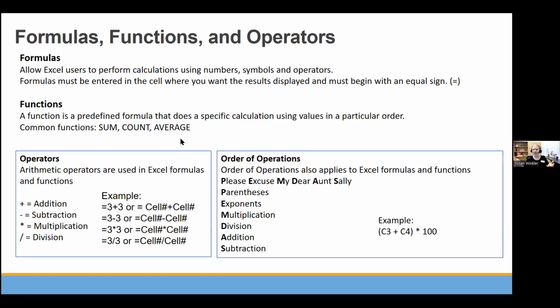But common functions include things like a count. So if you have a number of cells and you want to say, okay, how many of these cells have some kind of data in them? That would be a count. The average would be, for example, how much do I spend in groceries? What's my average over a whole year? So you would add up how much you spent each month and then divide it by 12, because there are 12 months in a year.